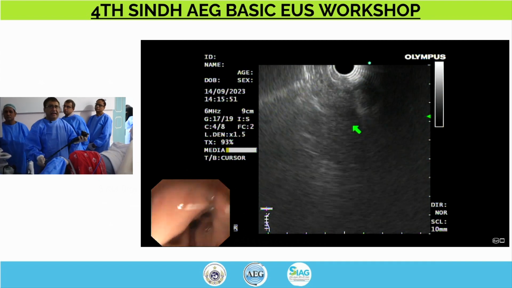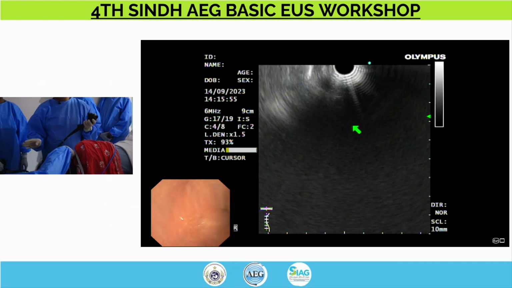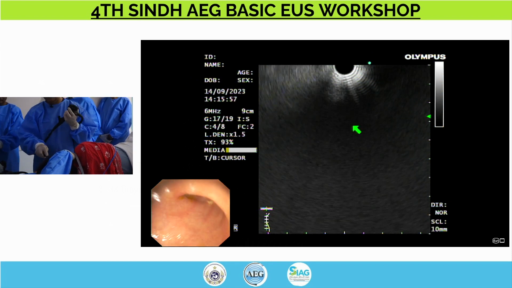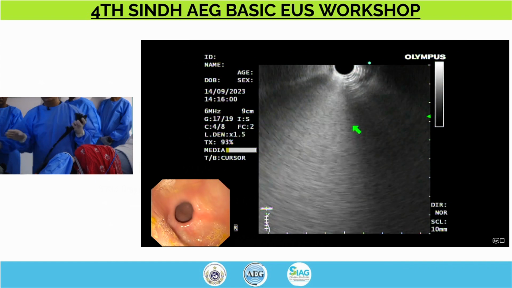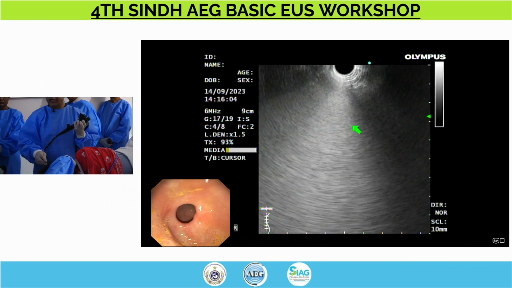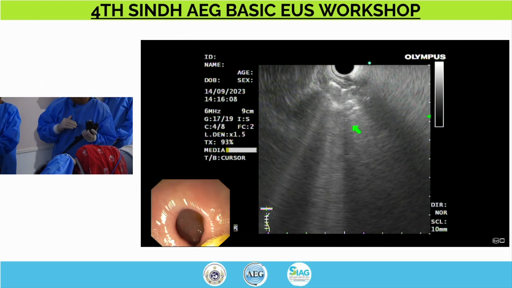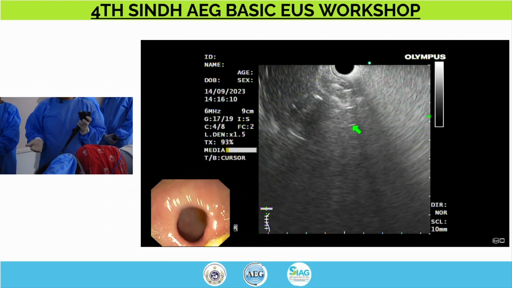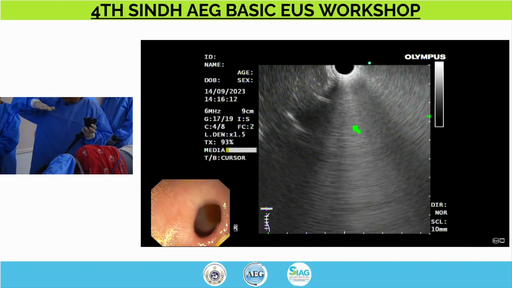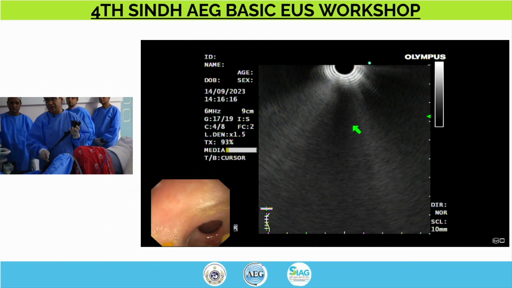If we look at the endoscopic view to go into the stomach, I'm really inflating it. I don't want to do things blindly here. Once I go into the pylorus, now, patients sometimes can have a little bit of discomfort if they are not deeply sedated because you are stretching the stomach and you're resting on the greater curvature of the stomach.